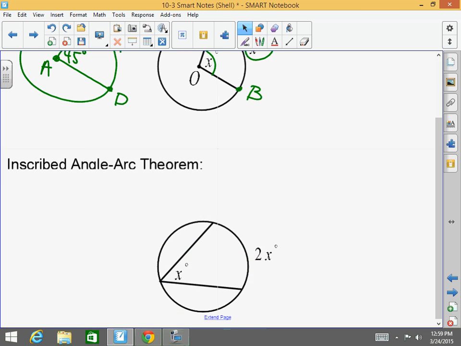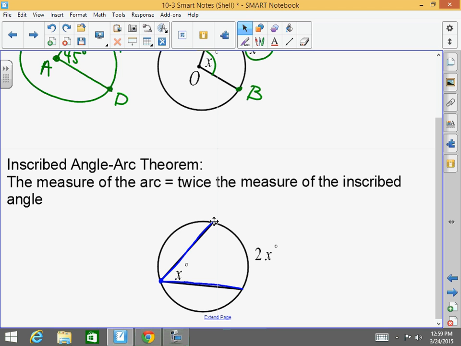Inscribed angle arc theorem. An inscribed angle is what occurs when you have an angle that is touching or intersecting one part of the circumference, one part of the outer edge of the circle. In this particular case, the measure of the arc equals twice the measure of the inscribed angle.